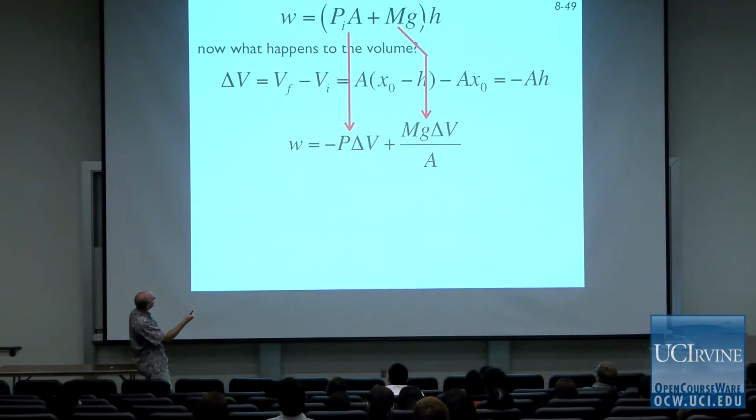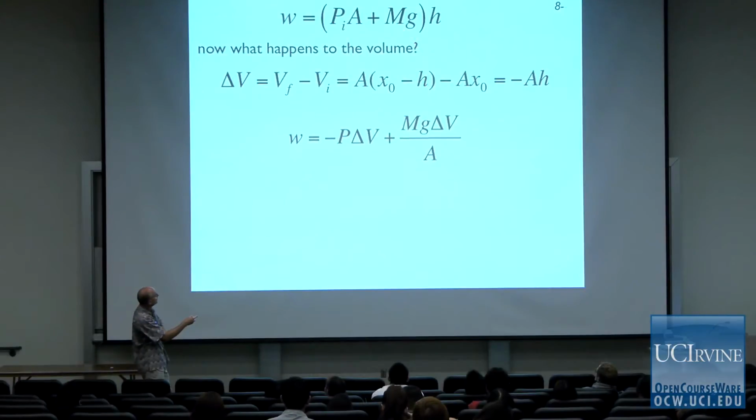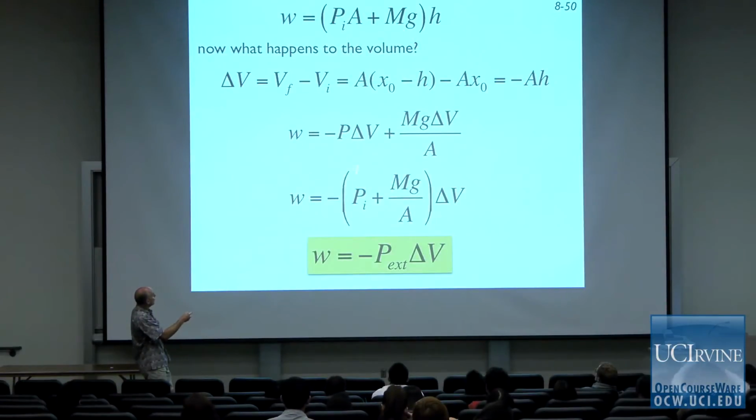And when I make the substitution here, I'm going to get mg delta V over A. I'm just substituting from this expression right here. Okay, so this is P sub I, by the way. I left off the subscript.